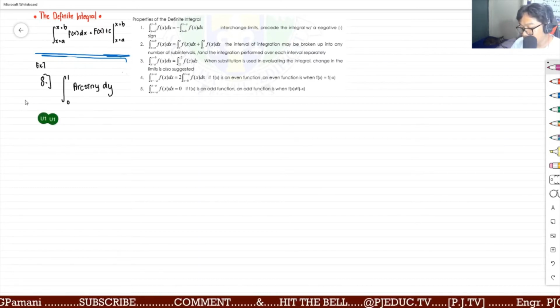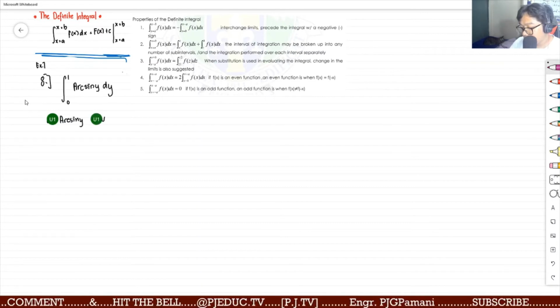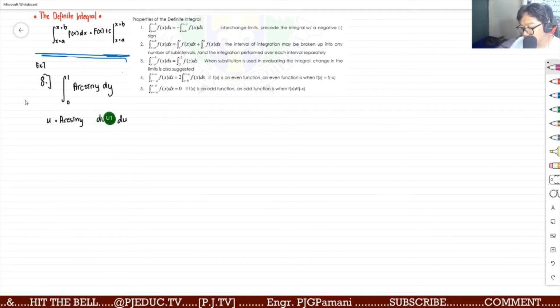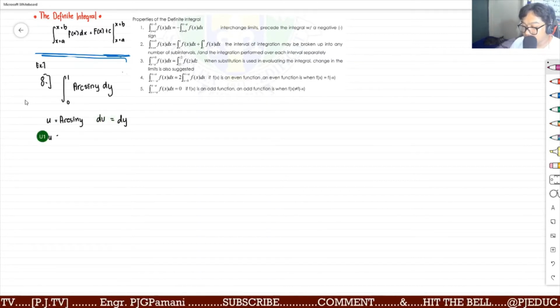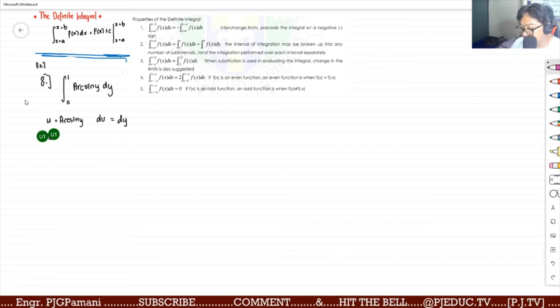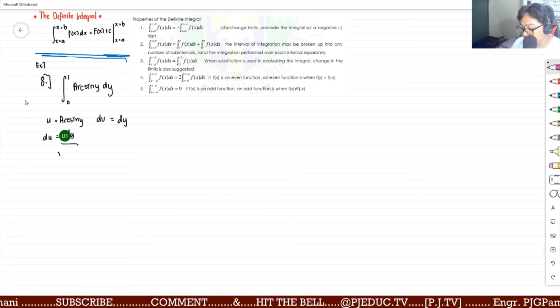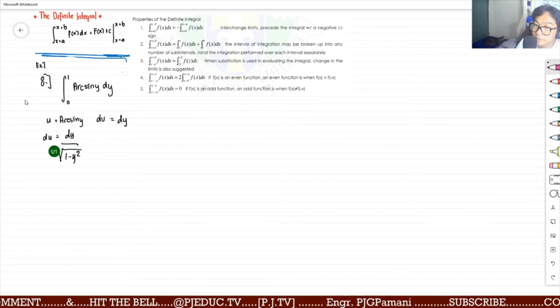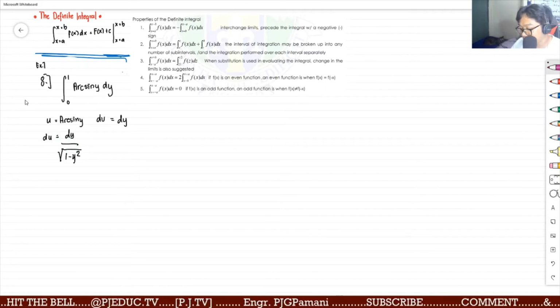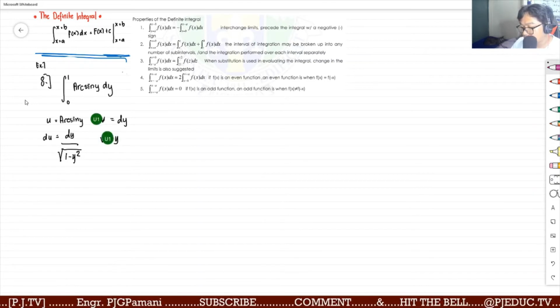Assume function u as arc sine y and dv equal to dy. The differential of u, arc sine y, is dy over the square root of 1 minus y squared, and the integral of dv is simply y.